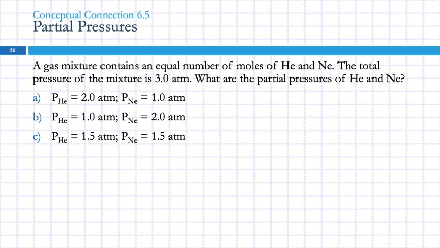It's very much like the percentage. So if we have half one and half the other, the mole fraction is going to be half, or 0.5. Equal number would be 50%, 50%. So then the partial pressure is going to be their mole fraction times the total pressure.